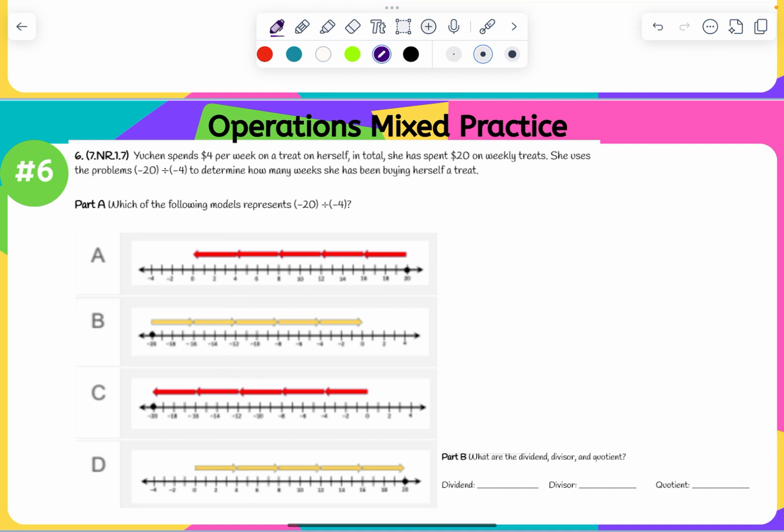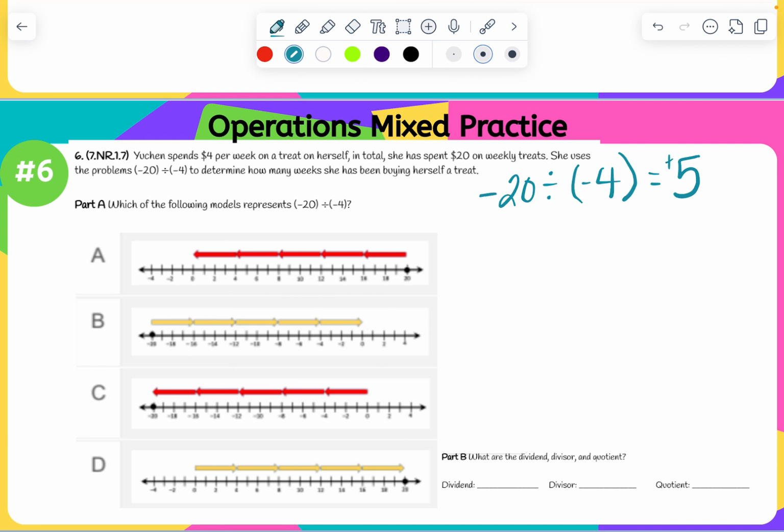And this last one is number 6. Which of the following models? So here we go. These division models. Negative 20 divided by negative 4 equals, when you put that in the calculator, you're going to get a positive 5.